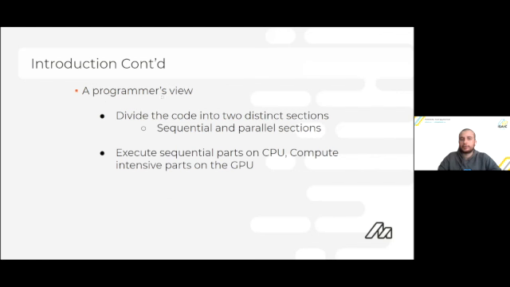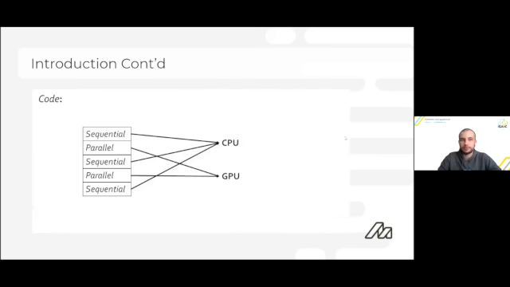So from the programmer's view, this heterogeneous approach divides up the code into distinct sections, the sequential and the parallel sections. Intuitively, the sequential sections would go to the CPU to be processed, and the parallel sections would be executed by the GPU.